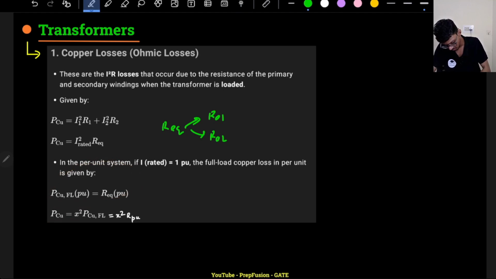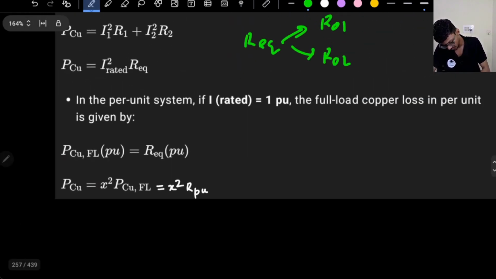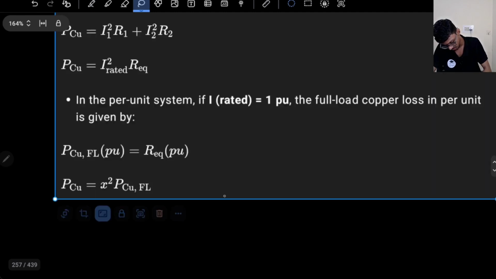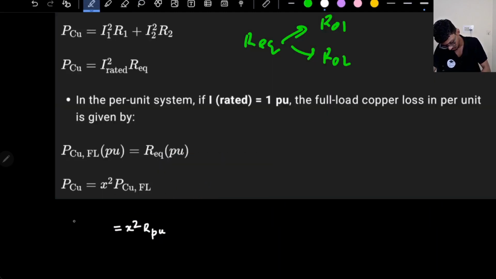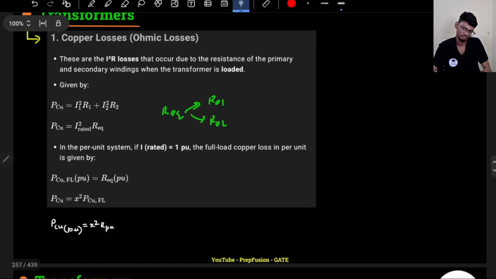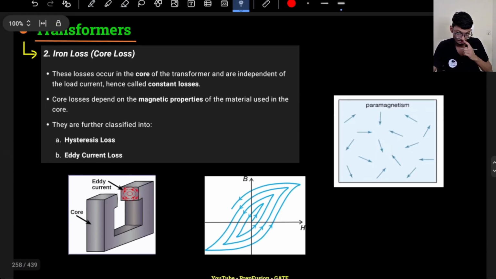This is the absolute value of PCU, and the per unit value of the copper loss, PCU PU, will be x square into RPU. That's it. Now let's discuss iron loss or core loss.